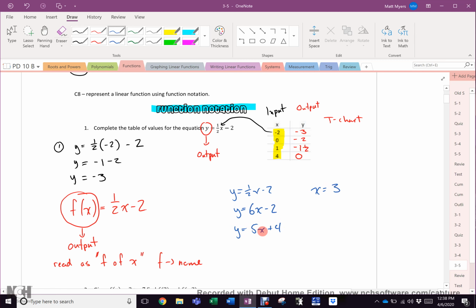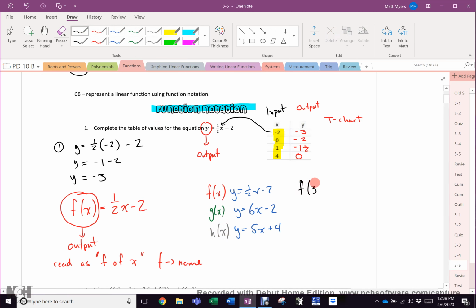You could put it into any one of these, but then you would get a bunch of different y values. So what we do instead is we name these. This guy is f of x. This guy would be g of x. And this one might be h of x.